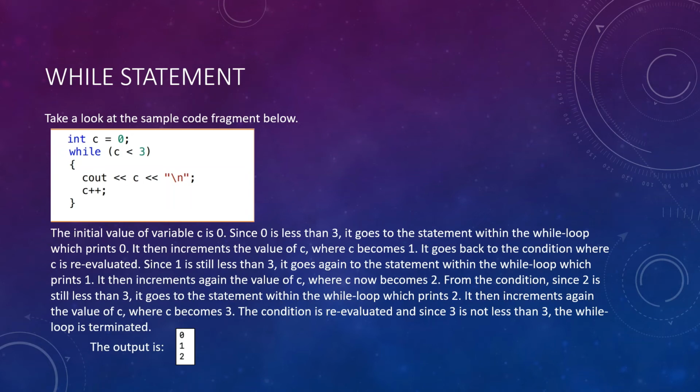It then increments again the value of c, where c now becomes 2. From the condition, since 2 is still less than 3, it goes to the statement within the while loop which prints 2. It then increments again the value of c, where c becomes 3. The condition is re-evaluated, and since 3 is not less than 3, the while loop is terminated.